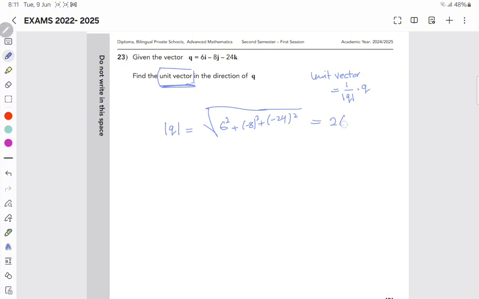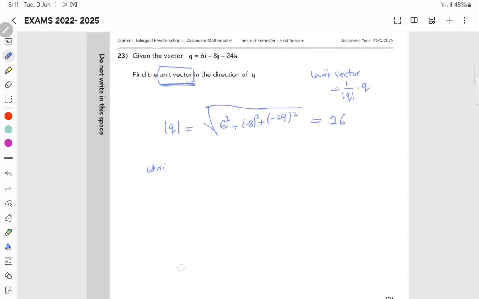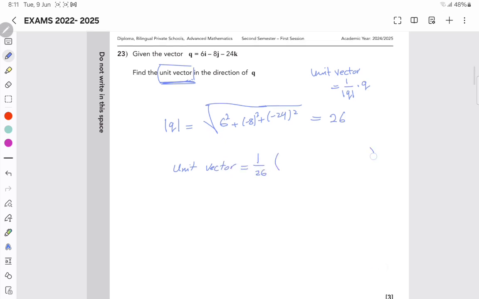So the unit vector is equal 1 over 26 times the given vector, 6i minus 8j minus 24k.